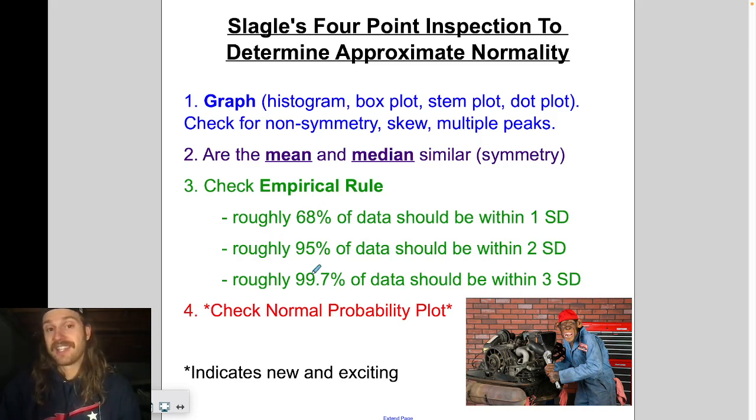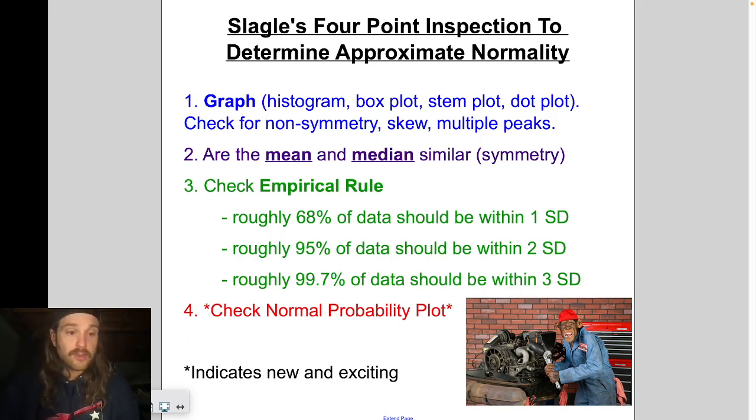Or you might have significantly more, like 80% of the data is within 1 standard deviation. If that's the case, it's probably not normally distributed. It might follow some other distribution. So just doing a quick tally mark, there is one question like this on your assignment where you have to actually do those calculations that I just did, count the number of observations within those intervals.